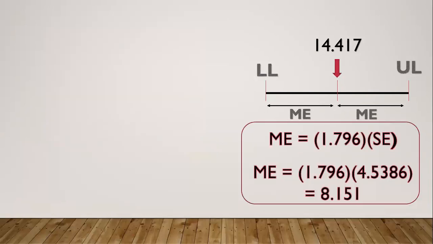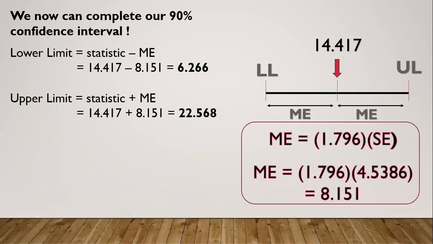If the margin of error is 8.151, well, what will the lower limit of the interval be? It'll be our statistic, our D bar value, 14.417, minus our margin of error of 8.151. And so that gives us a lower limit of a little bit over 6 points, 6.266.